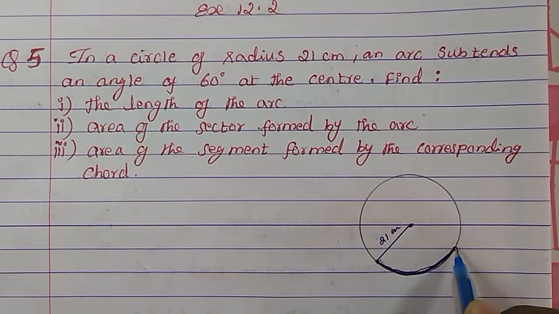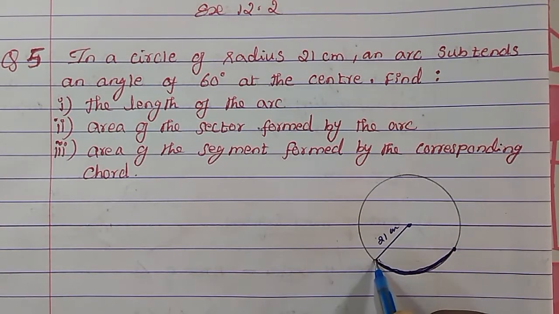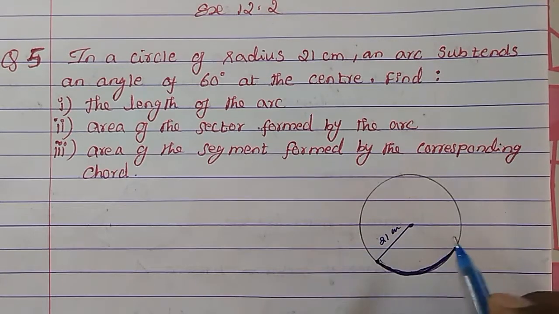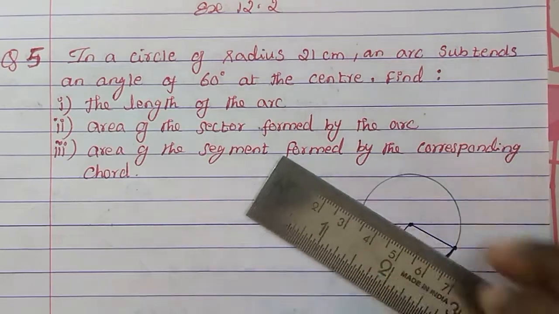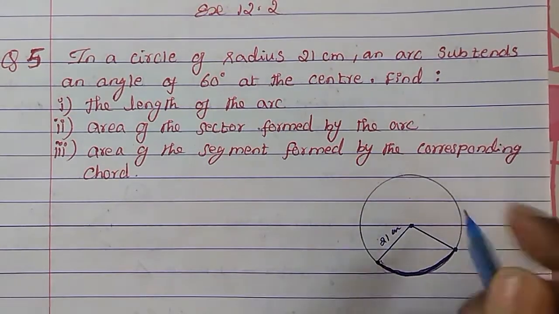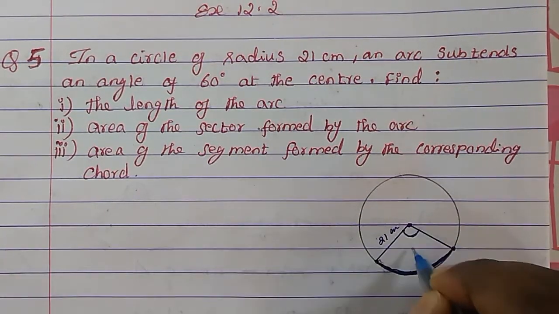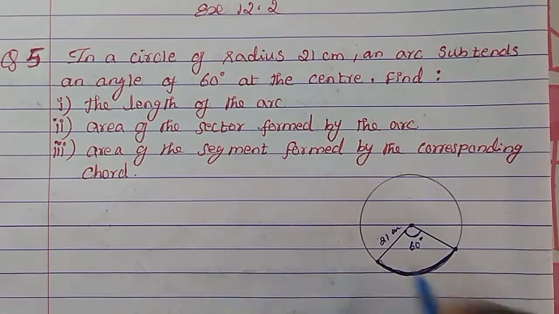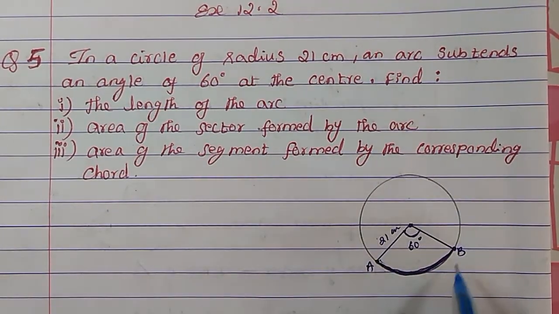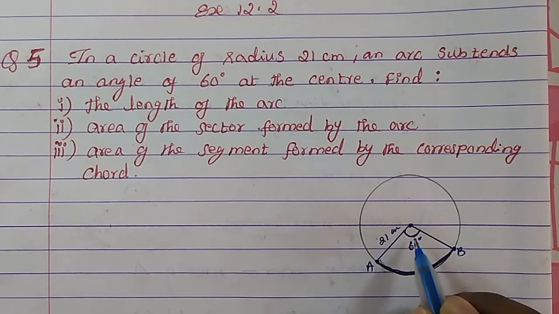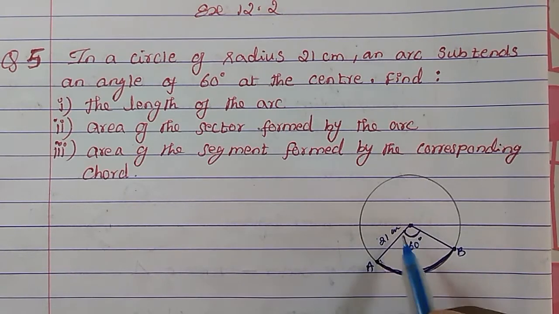So this arc is having the angle at the center 60 degree. So at the center means one more radius. Let's draw. So this becomes here 60 degree. This is the arc AB. This arc is subtending the angle of 60 degree at the center, whose radius is 21 centimeter.